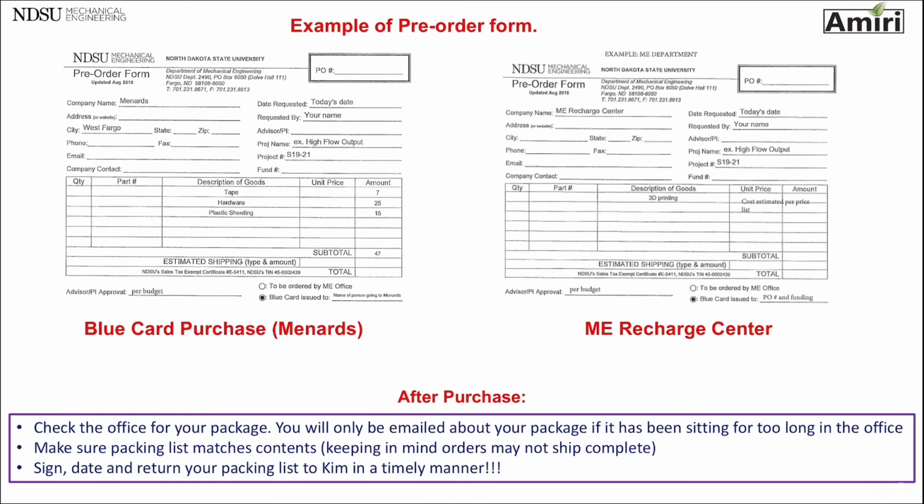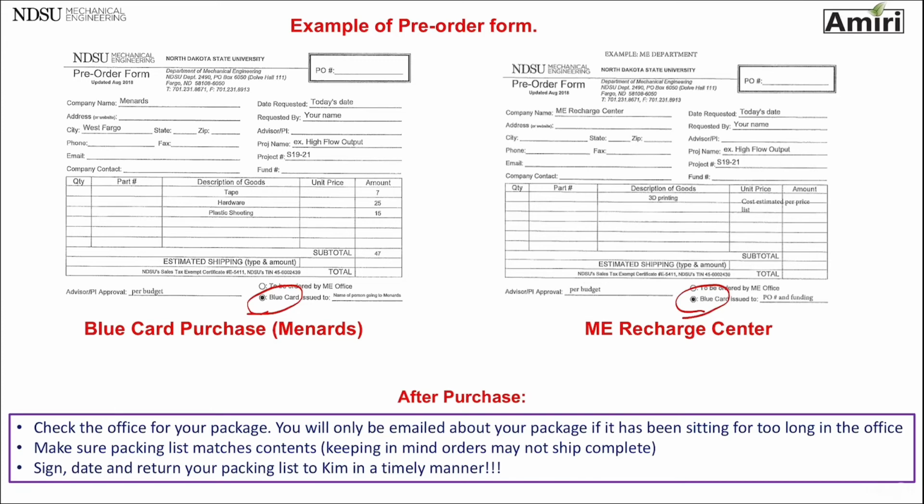Here are some examples of pre-order forms filled. So both of these are blue card type of purchases. One is for the MEM Recharge Center, one is for Menards, and you can see how the form is filled. Both of these pre-order forms, again, same pre-order form for every purchase you make.